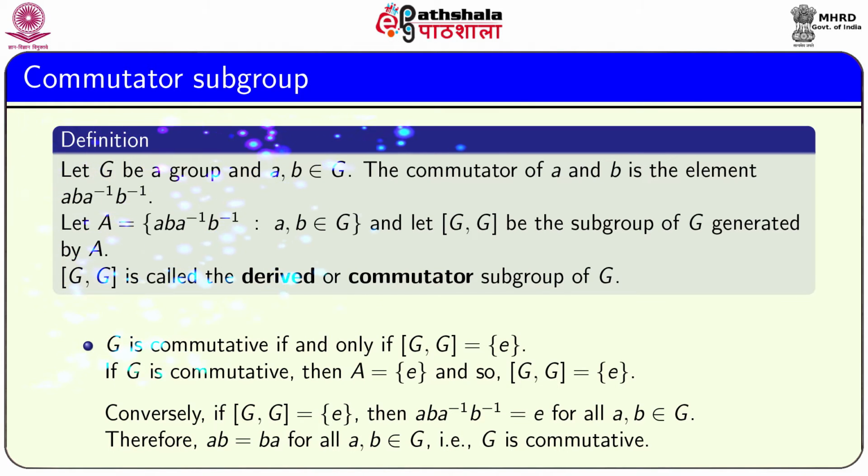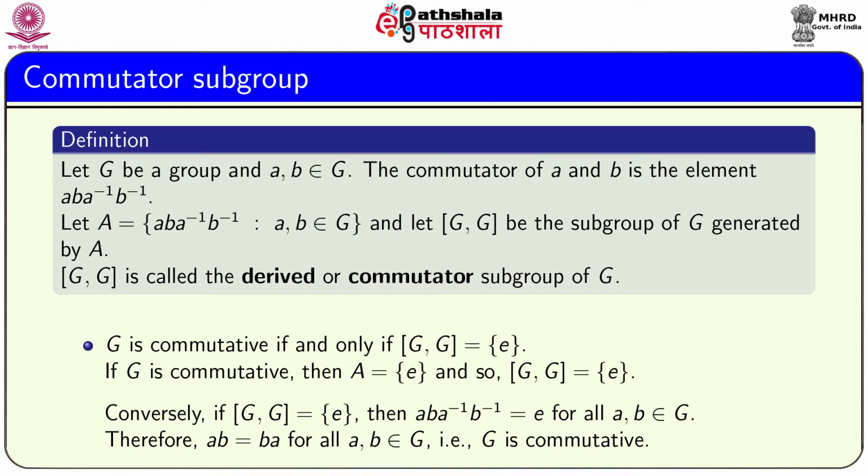It is very easy to see that G is commutative if and only if the commutator subgroup is the trivial subgroup, the identity. If G is commutative, then a b a inverse b inverse is equal to the identity, and so the commutator subgroup is the identity.